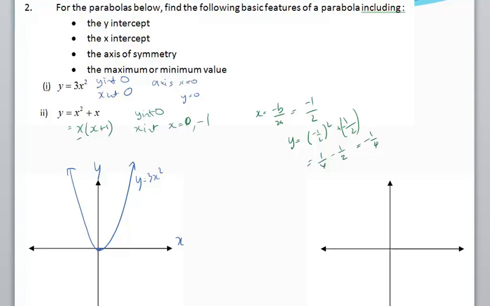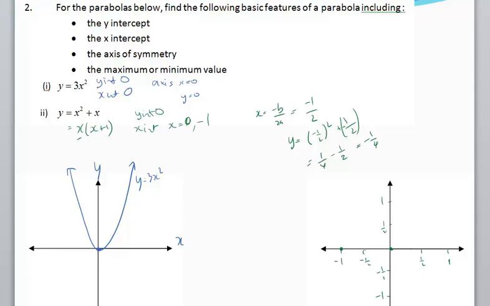So we might draw this on a largish sort of scale so we can see this here. So here's our 0, we might have a half and 1, minus a half, minus 1, a half, 1, minus a half, minus 1 here. So here we have our y-intercept at 0, and our x-intercepts are at 0 and minus 1.